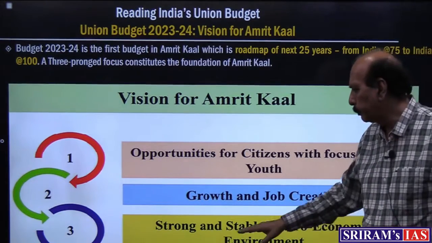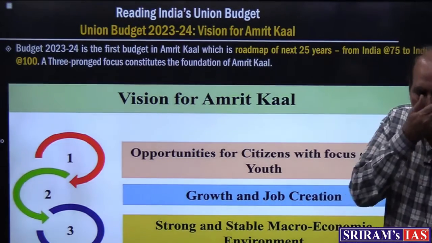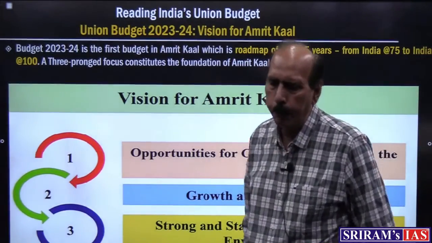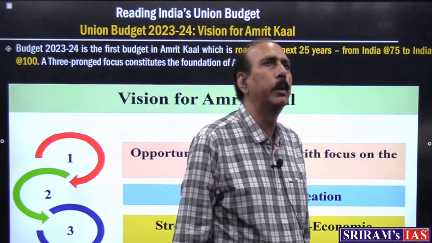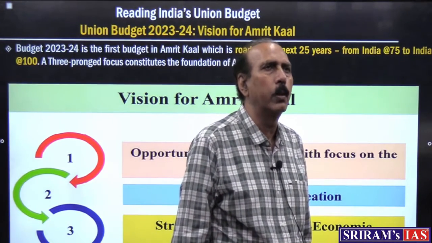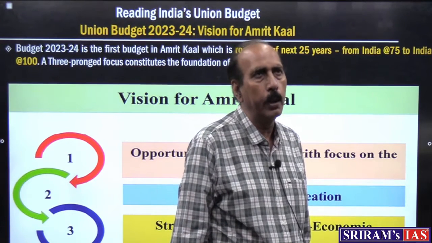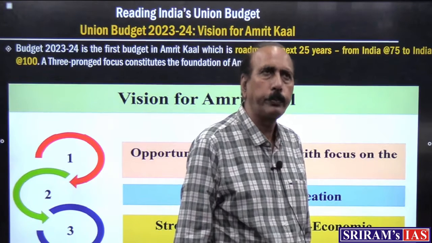And the third is a strong and stable macroeconomic environment. This vision is required because we want to reach the level of a $26 trillion size. Today we are hardly $3 trillion plus.